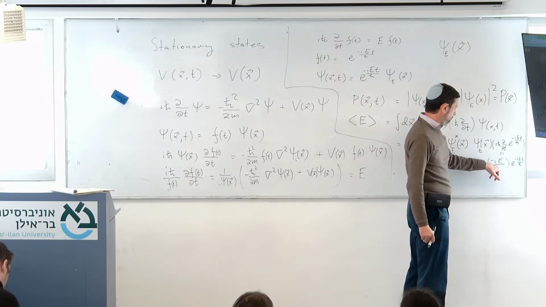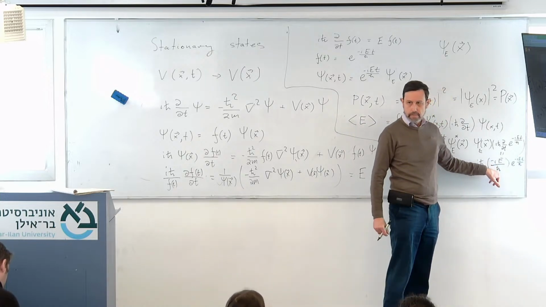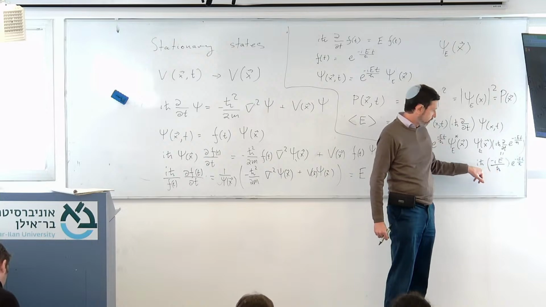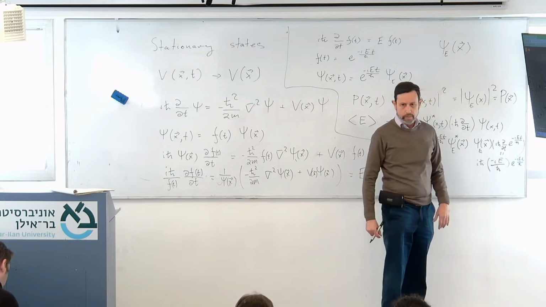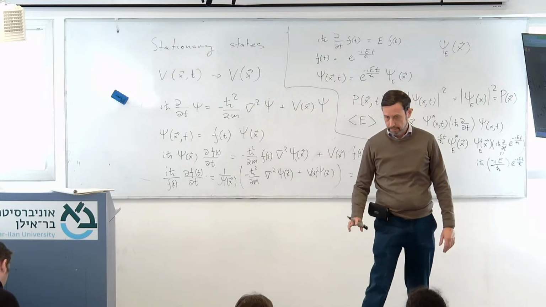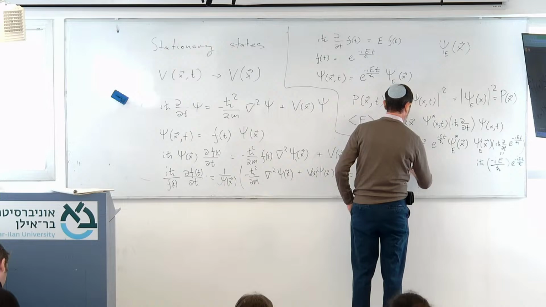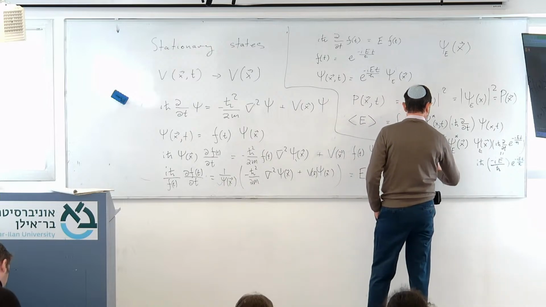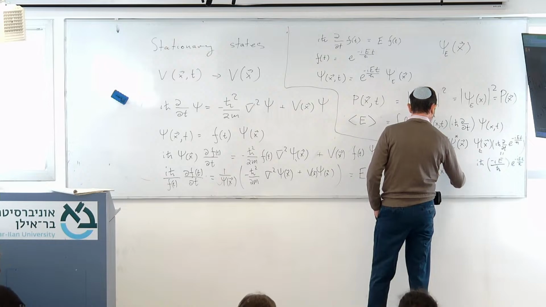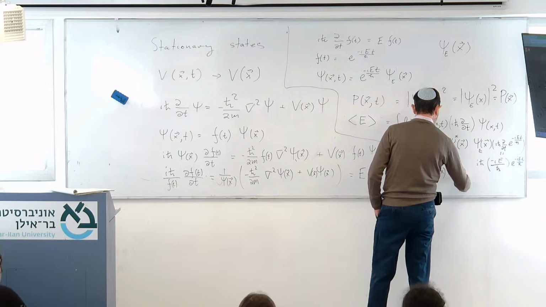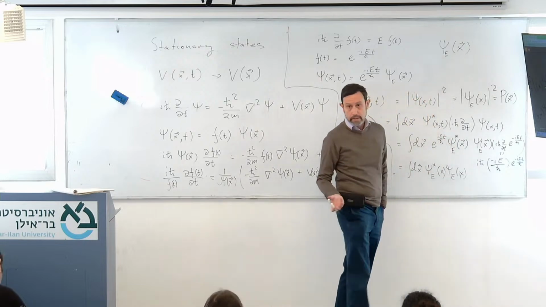Okay, I h bar times minus I divided by h bar. And the only thing that remains is E. And E is a constant.